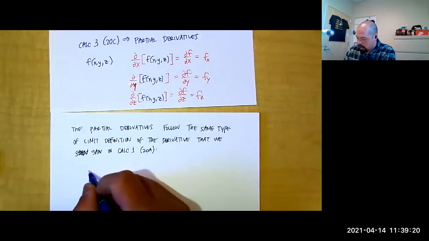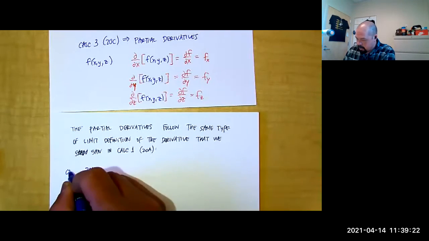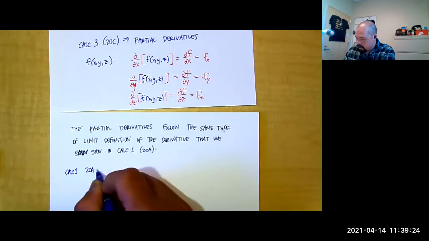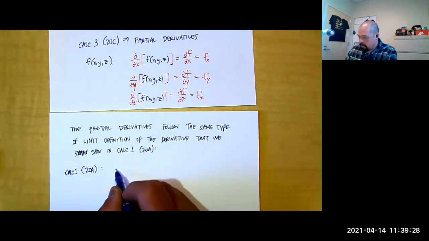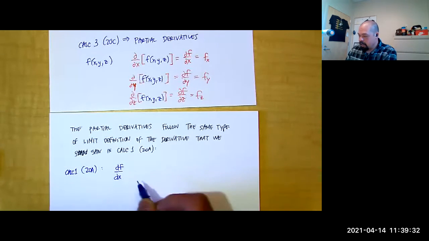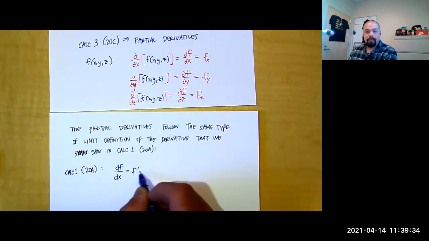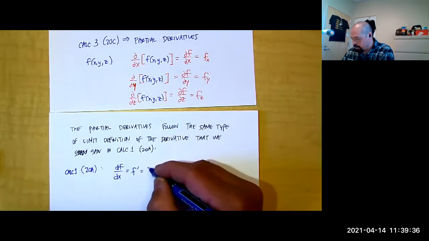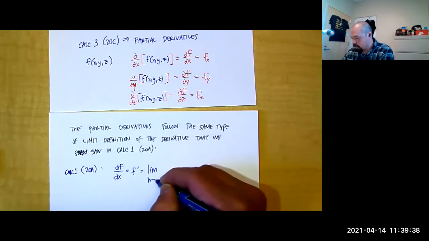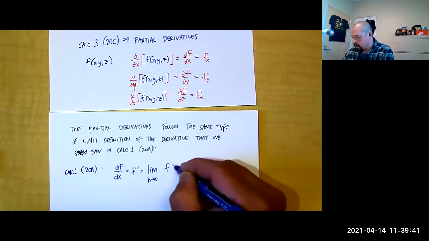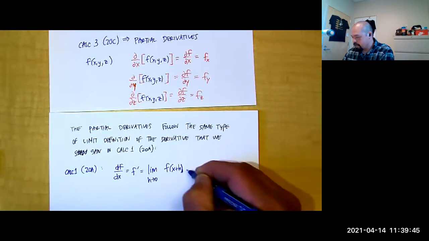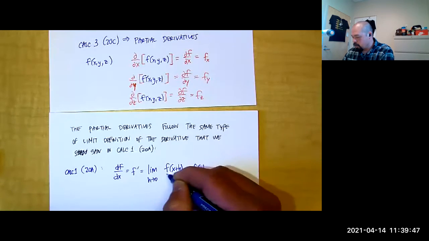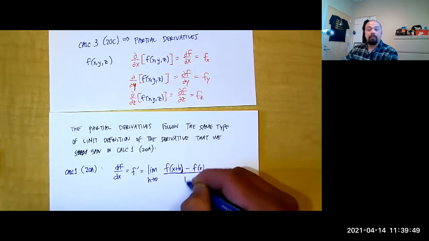So again, in Math 20A, Calc 1, we saw that df/dx, f prime, was equal to the limit as h goes to 0 of f of x plus h minus f of x, all over h.